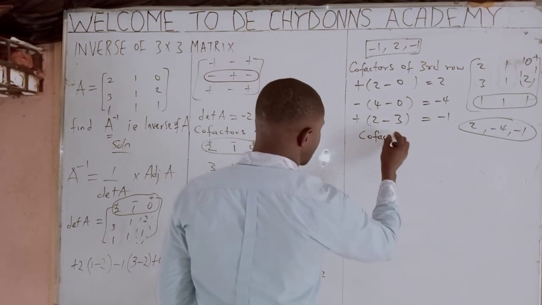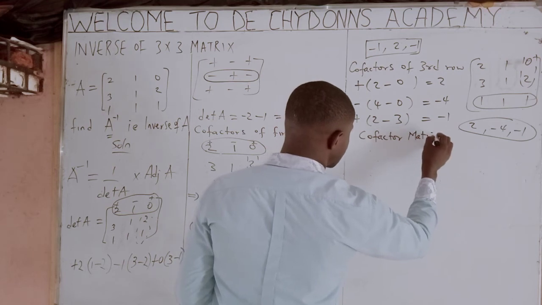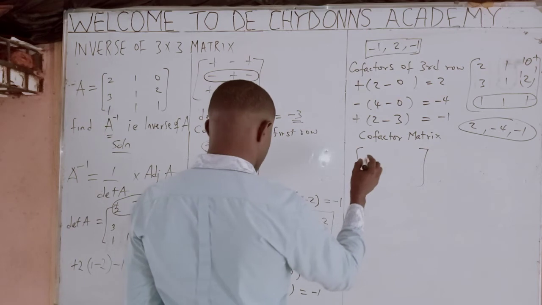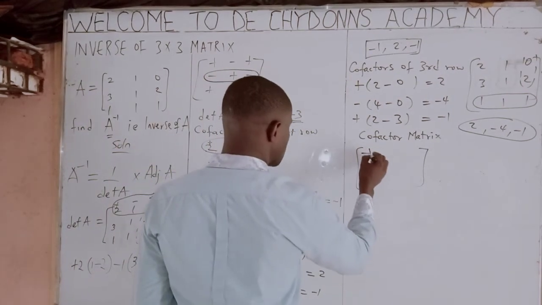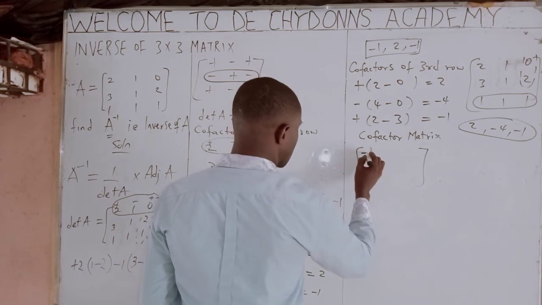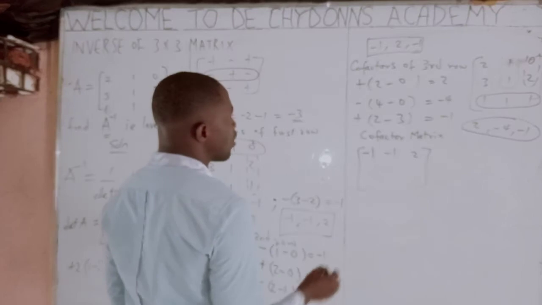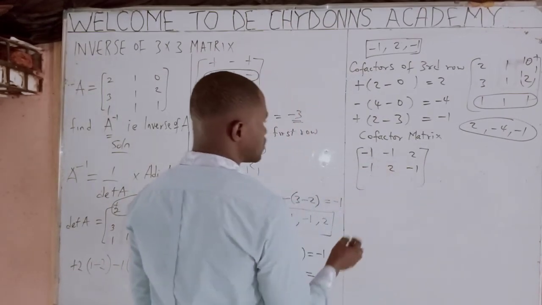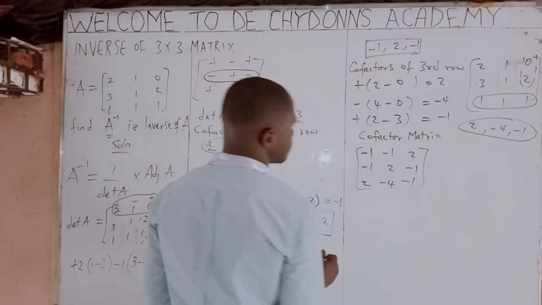The cofactor matrix is, for the first row, minus 1, minus 1, 2. For the second row, minus 1, 2, minus 1. For the third row, 2, minus 4, minus 1.